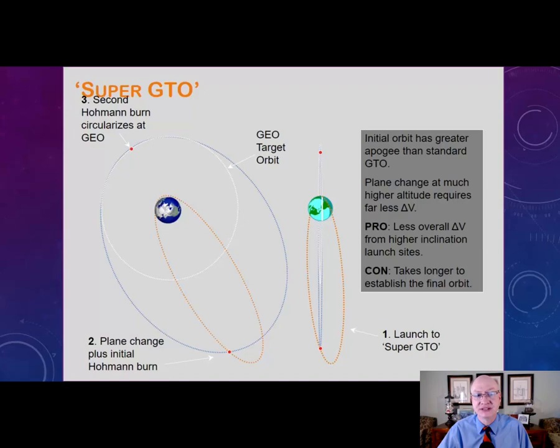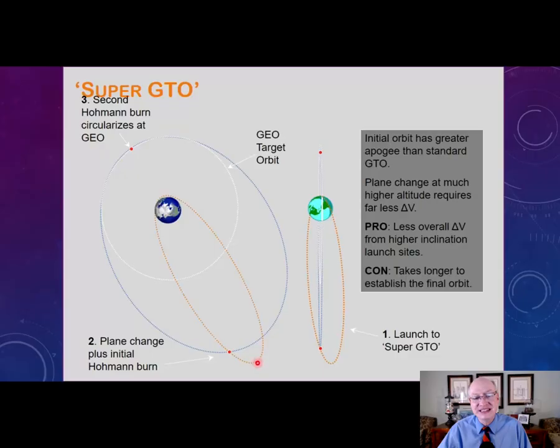Remember Kepler's second law. The satellite is traveling very, very quickly here. As it climbs up way above geostationary orbit, up here it's moving very, very slowly. And the thing about an orbital plane change is it depends on how fast you're moving at that moment in time.